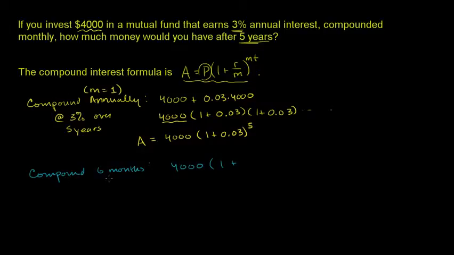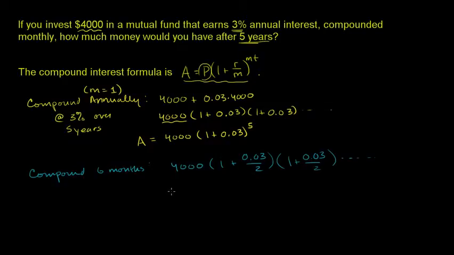Since we're compounding twice a year, each period you get half of the annual interest rate. So after 1 6-month period, you'll have 1 plus 0.03 over 2. After another 6-month period, you'd compound that again, 0.03 over 2. And how many 6-month periods are we going to have? Well, 5 years has 10 6-month periods.